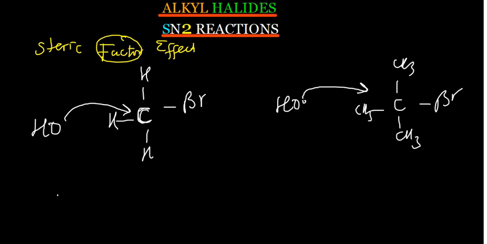So there will be a repulsion between the electrons on this compound and the electrons on the nucleophile. Because of that repulsion, it will be very difficult to attack the carbon in the middle. And so here the rate is reduced, okay, because of increased steric factor.